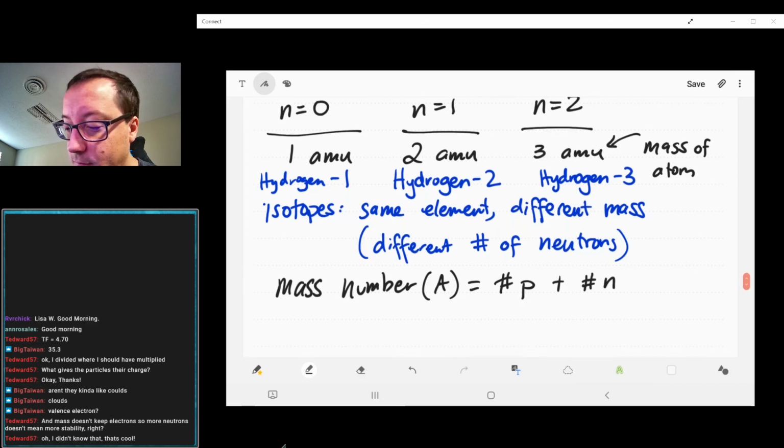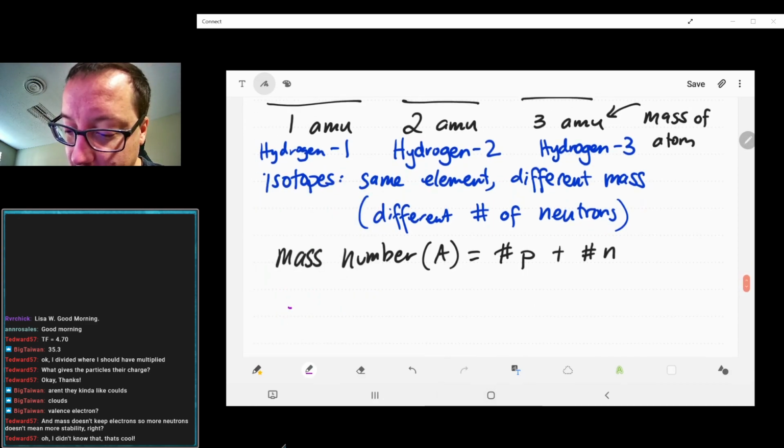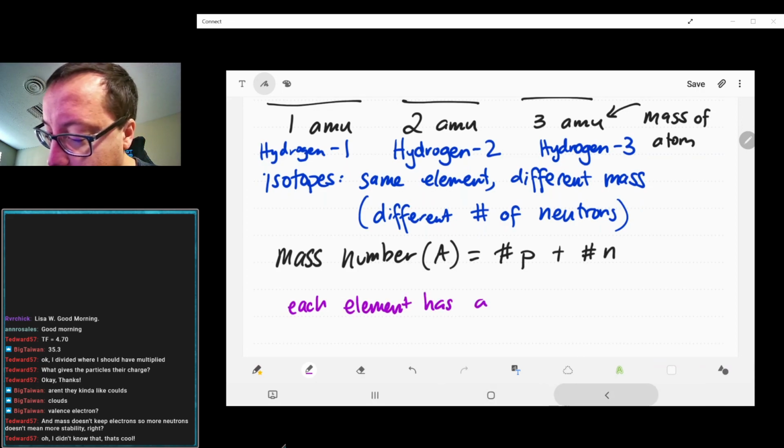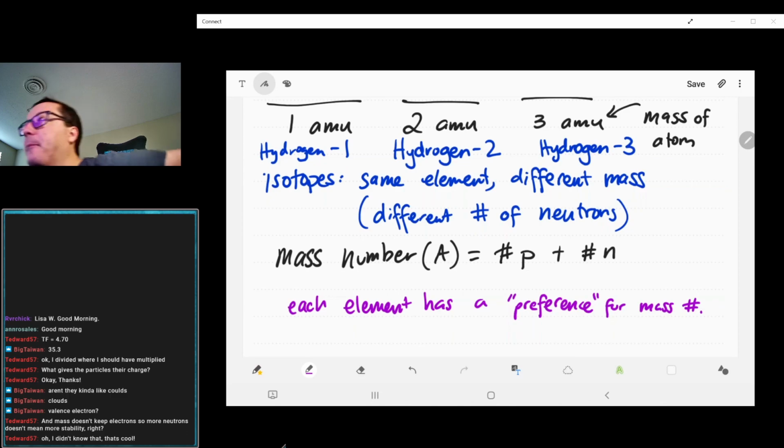So, I'll just put that as a footnote. Each element, I guess I should say, not atom, has a kind of preference for mass number. So there we go. I'm glad we're learning something.